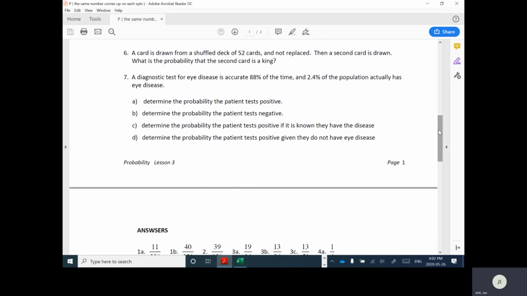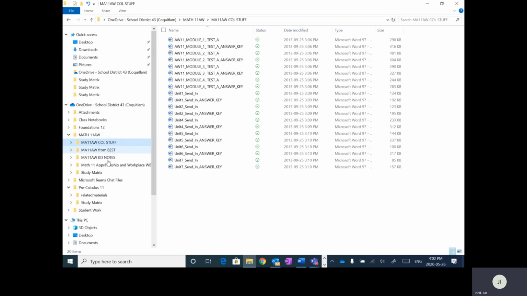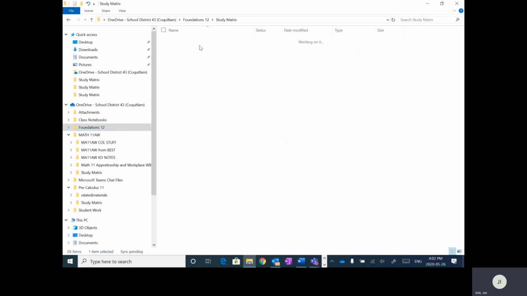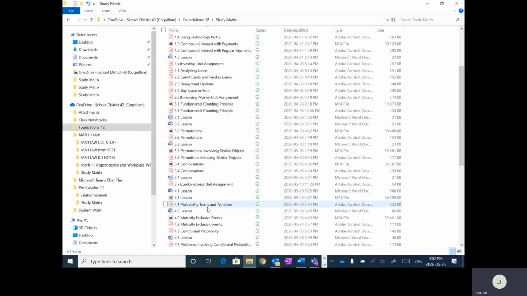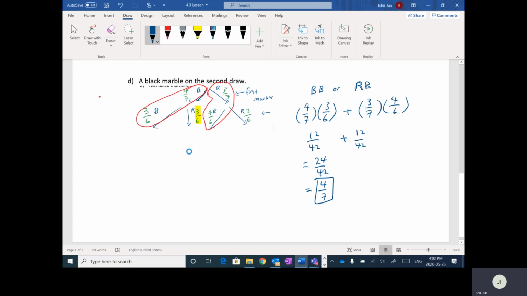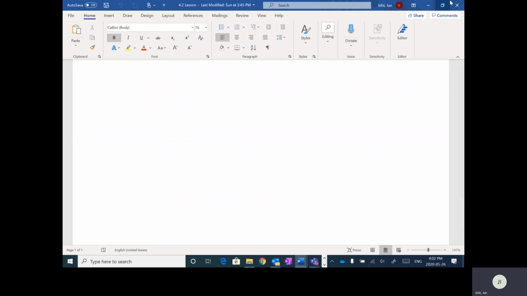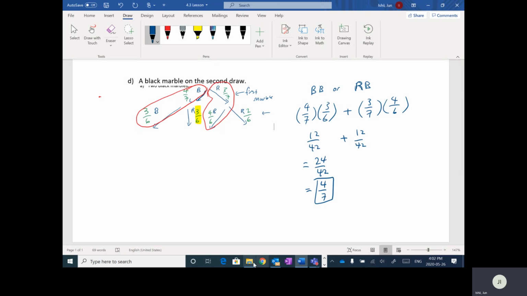I believe I put it in the notes. Just give me a second to find it. Foundations 12. I think it was off the last lesson, 4.2. No, it was off 4.1 then.